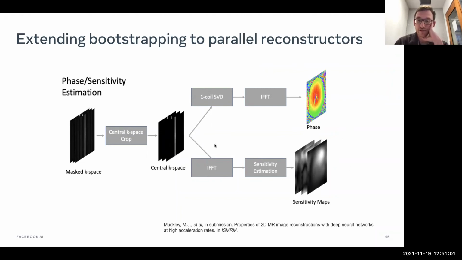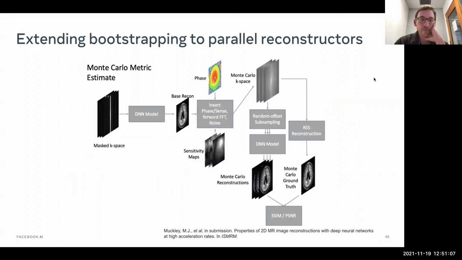You could also do this with another technique called ESPIRiT, but we just did the most simple thing possible to start with. Once you have these, you can run your deep neural network reconstruction, reinsert phase and sensitivity maps, then forward FFT and add noise, and you get this simulated K-space. Once you have the simulated K-space, you can rerun the entire pipeline, get a fake ground truth and fake reconstructions, and then calculate your SSIM and PSNR values.